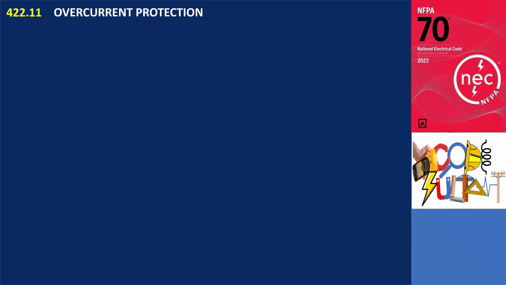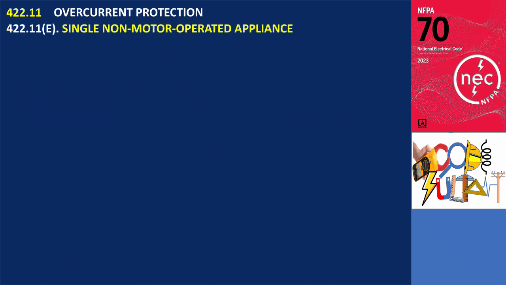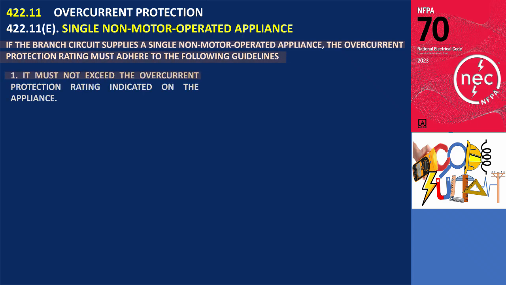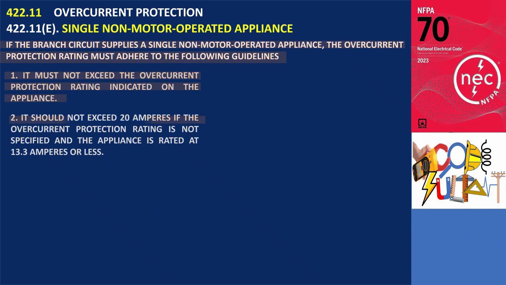Section 422.11(E). Single non-motor operated appliance. If the branch circuit supplies a single non-motor operated appliance, the overcurrent protection rating must adhere to the following guidelines. 1. It must not exceed the overcurrent protection rating marked on the appliance. 2. It should not exceed 20 amperes if the overcurrent protection rating is not specified and the appliance is rated at 13.3 amperes or less. 3.